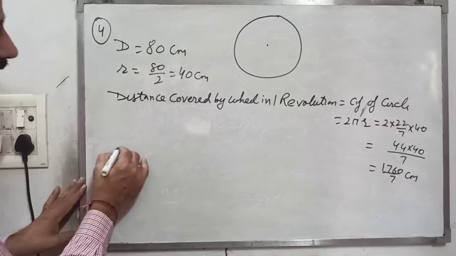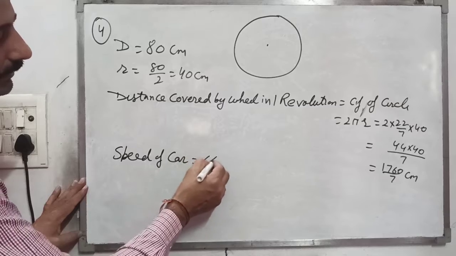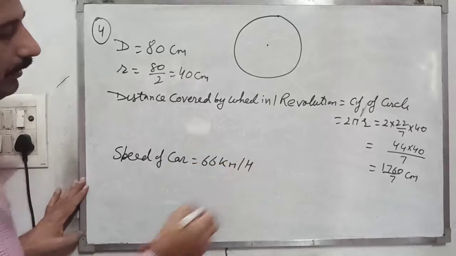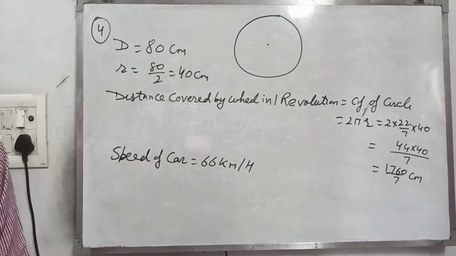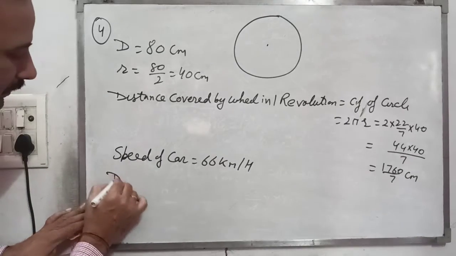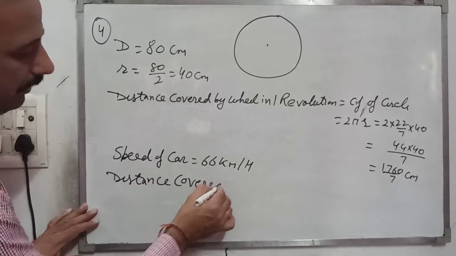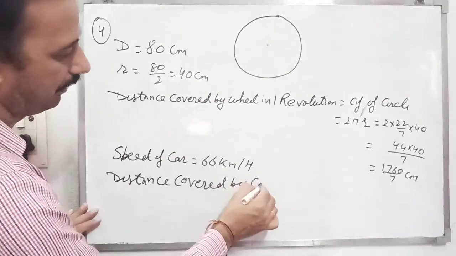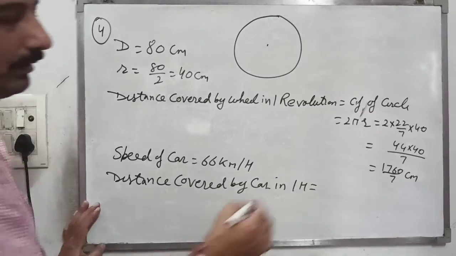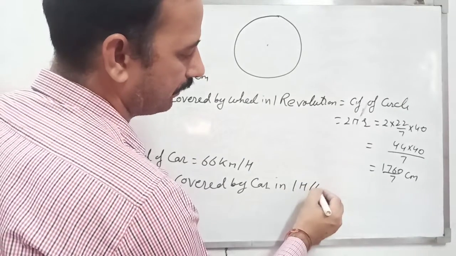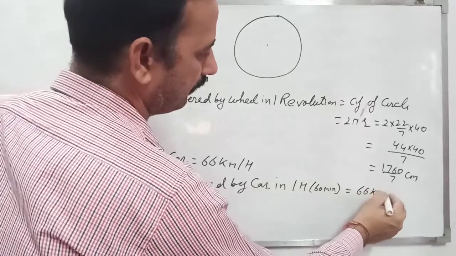So the speed of the car is 66 km per hour. It means the distance traveled by the car in 1 hour, that is 60 minutes, is 66 km.